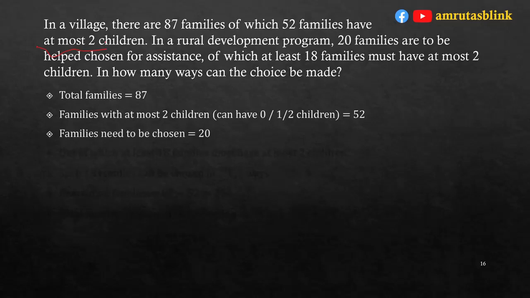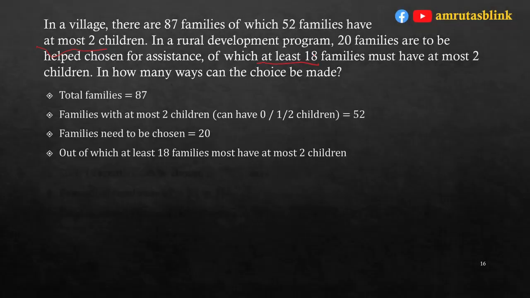Now, how many families need to be chosen? 20 families need to be chosen, and there is a condition that at least 18 families have at most 2 children. Now, this word at least is important.